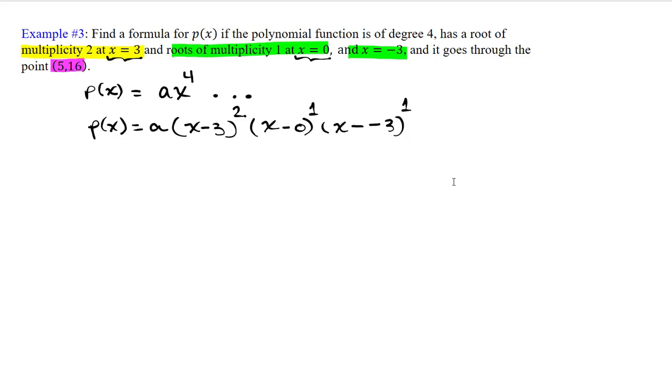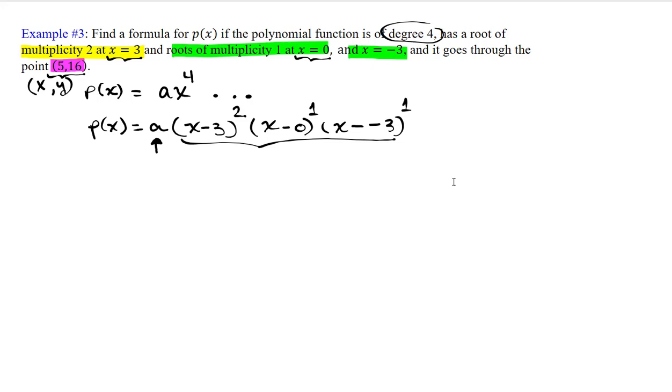Now, if we multiply these factors out, in other words, expand them out, we would end up with a fourth degree function, which is exactly what the question is asking for. The only problem is we do not know the leading coefficient. To find that coefficient, we're going to use the fact that it has a solution point at (5, 16).